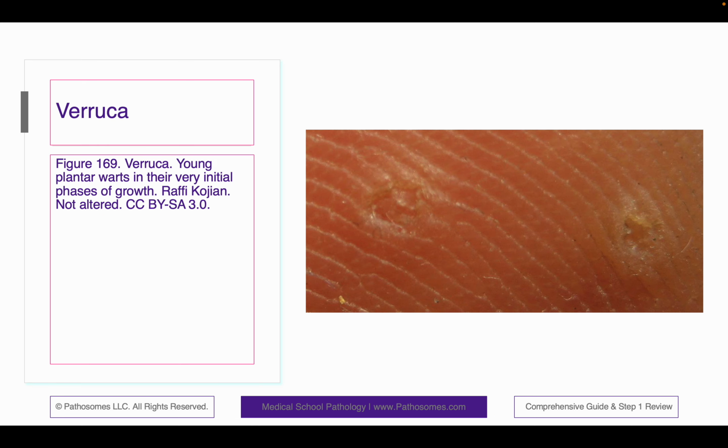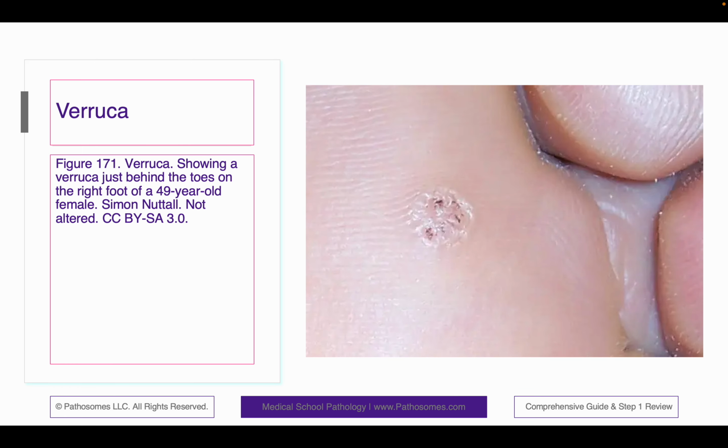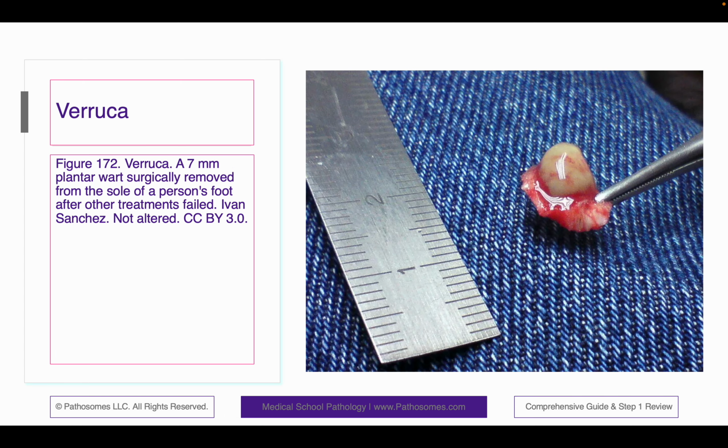And here we have young plantar warts in their very initial phases of growth. And here we have a large plantar wart. And here we have a verruca just behind the toes in the right foot of a patient. It's small. And here we have a plantar wart that was surgically removed next to a ruler.